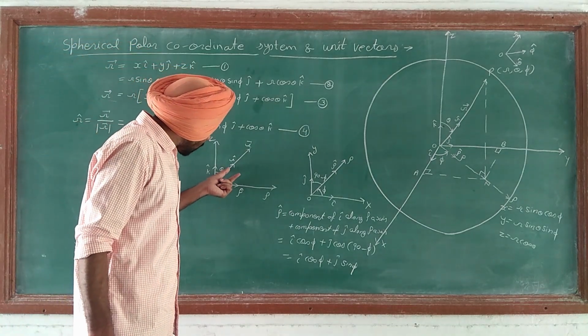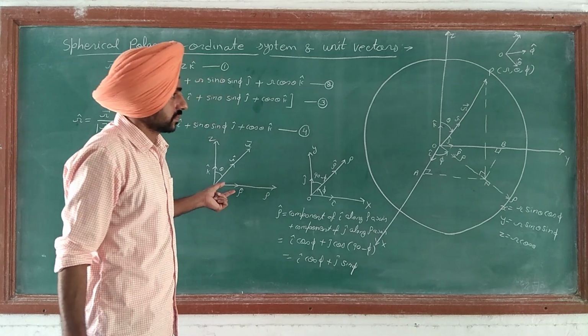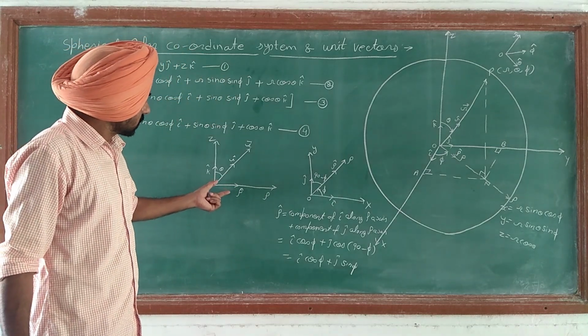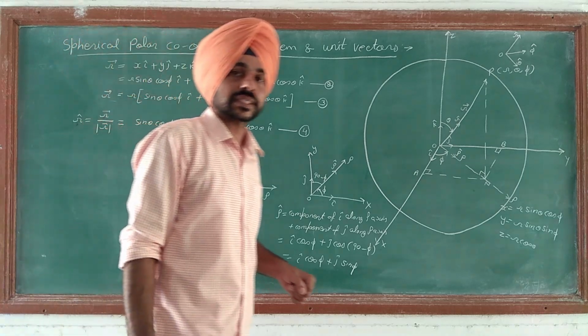What is the angle between r cap and rho cap? That is 90 minus theta.